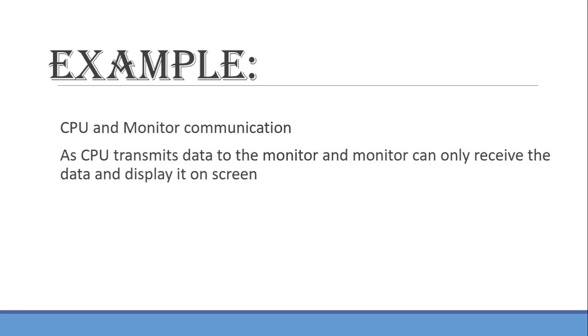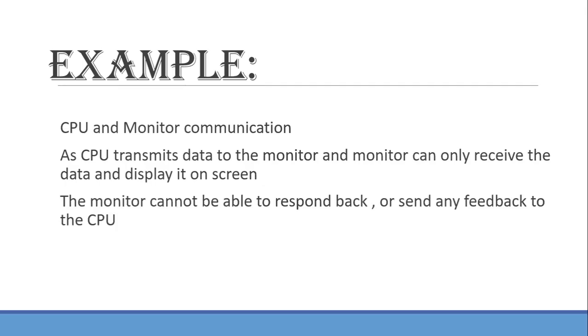Let's understand this concept with an example. We are taking the example of CPU and monitor communication. The CPU transmits data to the monitor, and the monitor can only receive the data and display it on the screen. The monitor cannot respond back or send any feedback to the CPU.